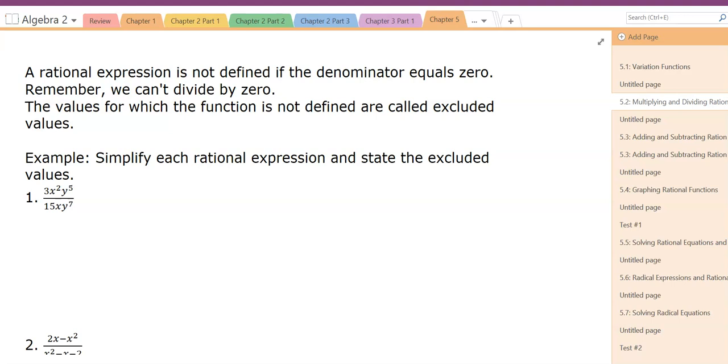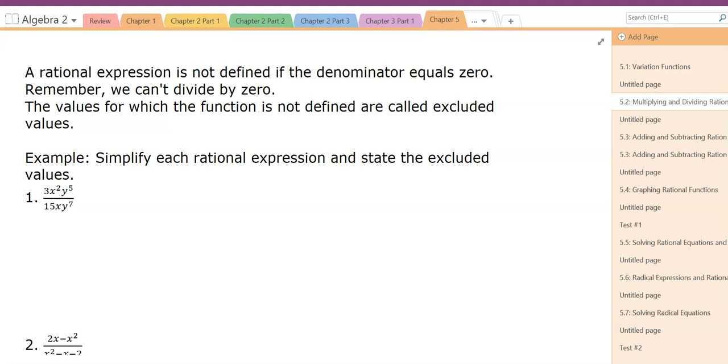So when we're dealing with these rational expressions, we have to make sure that we're stating if there are any values that cause problems for the fraction. If I put in a certain number and it causes me to get a 0 in the denominator, then I want to make sure that I state that x cannot equal that specific number.